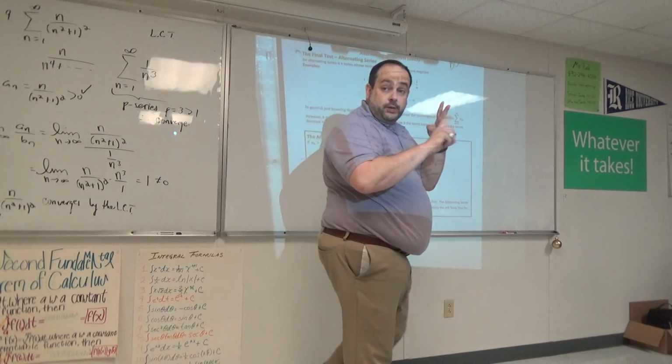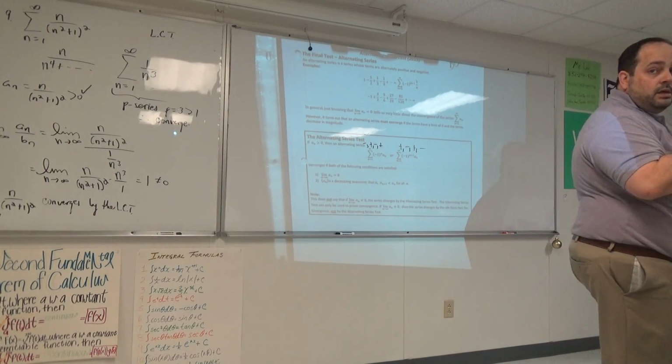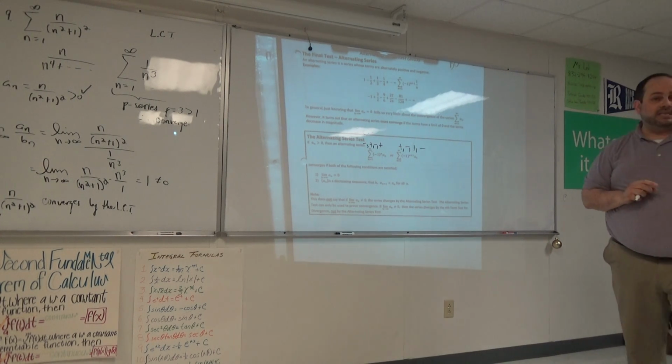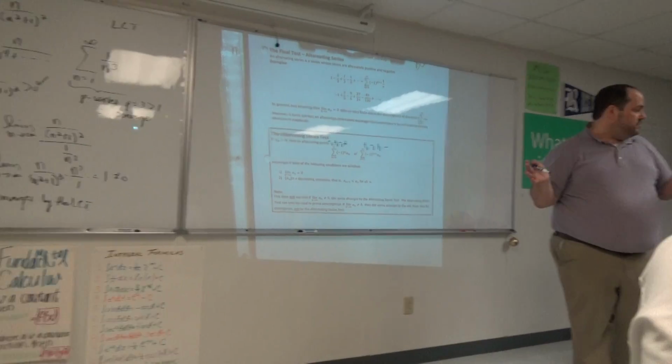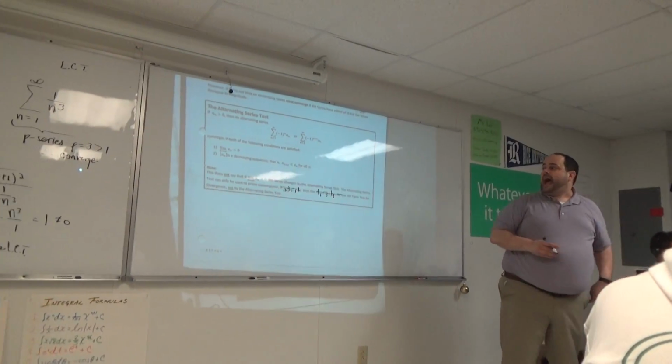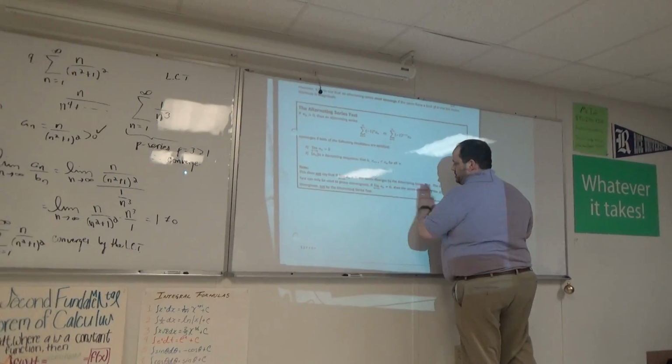Alternating. It has to alternate. The limit as n approaches infinity has to be equal to 0. And the last thing? a sub n is a decreasing sequence. The sequence has to be decreasing. If you have them, then you get to proudly say, great, I have convergence.